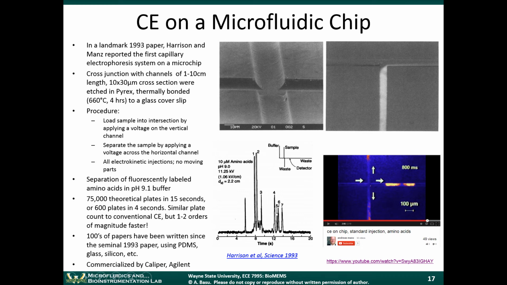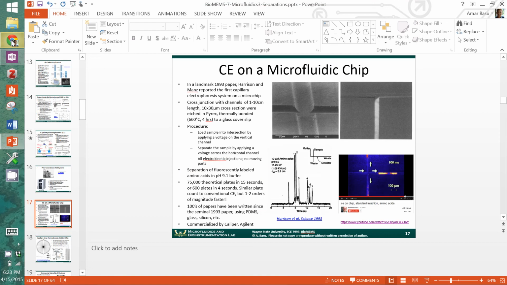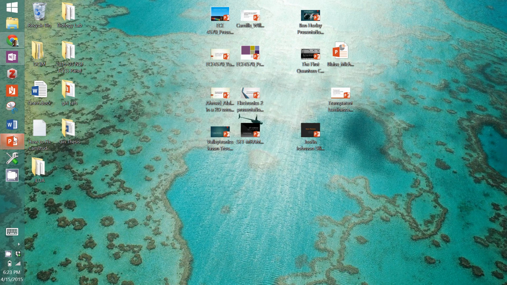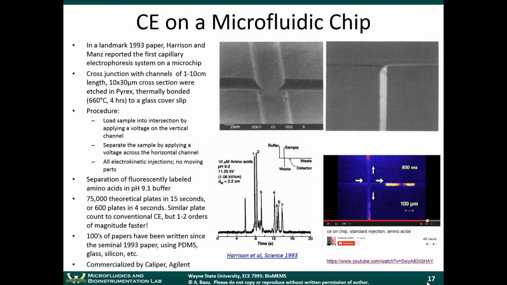So this can get 75 theoretical plates in 15 seconds or 600 plates in 4 seconds. This is similar to the separation resolution of capillary electrophoresis, but it's 1 to 2 orders of magnitude faster. I think I left the video on. Let's turn it off. We'll talk about plates a little bit later.